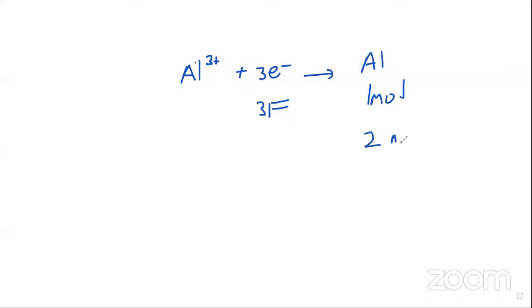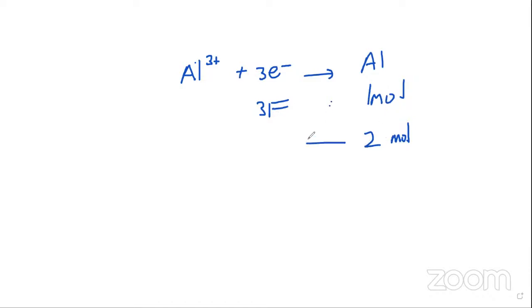All right. Let's write it out so that everybody can see how we got that answer. 3 moles of electrons, so that's 3 Faradays, produces 1 mole of aluminium. So if we have 2 moles of aluminium, 3F produces 1 mole.